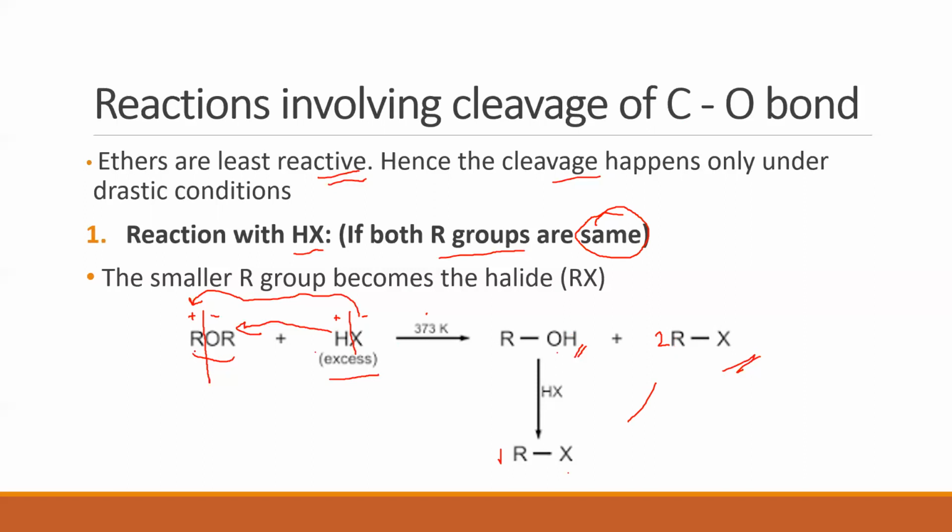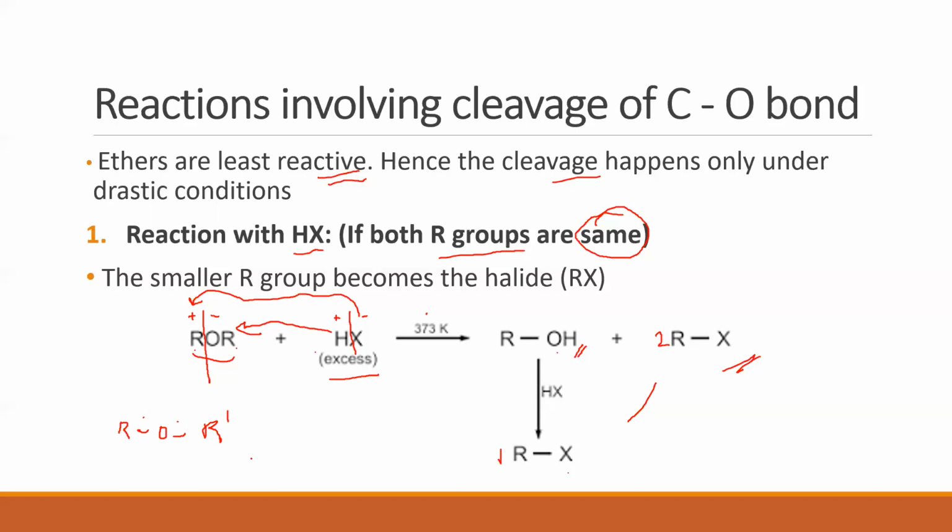And coming to the unsymmetrical ether, R and R dash, if both the R groups are different, where will this cleavage happen? This is a very important question, very important logic. If I have R-O-R dash, this is also a C-O bond, this is also a C-O bond.